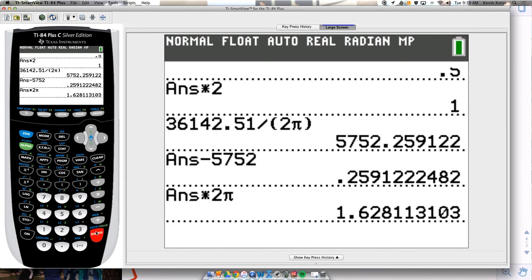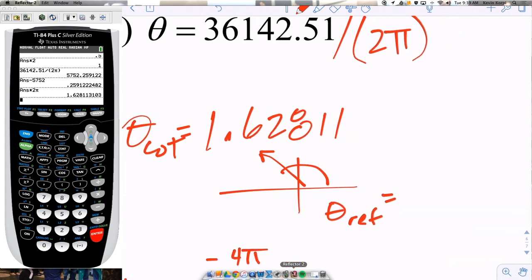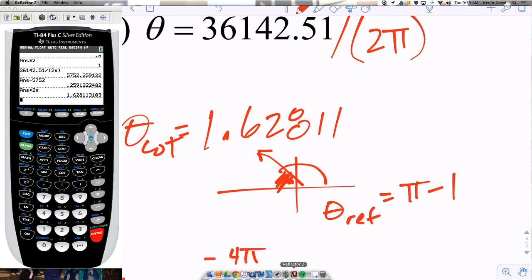And you end up with 1.62811. That's the coterminal angle. Y'all can start putting your calculators away. That actually terminates over here in quadrant 2, so the reference angle is going to end up being this here, which is pi minus that.